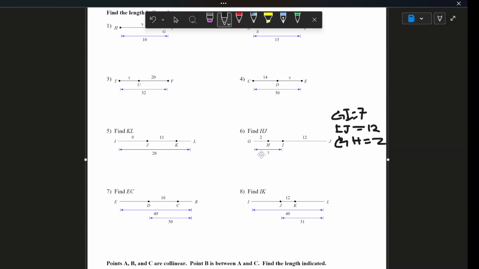So we know GI equals GH plus HI. Now we don't know HI, but we do know GI and GH. So 7 equals 2 plus HI, and subtract 2 on both sides. What do you get? You get 5 equals HI.